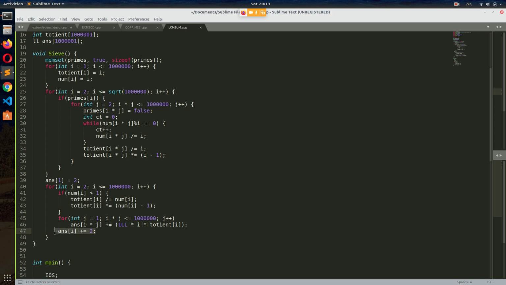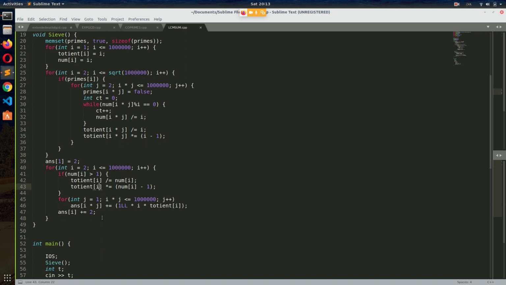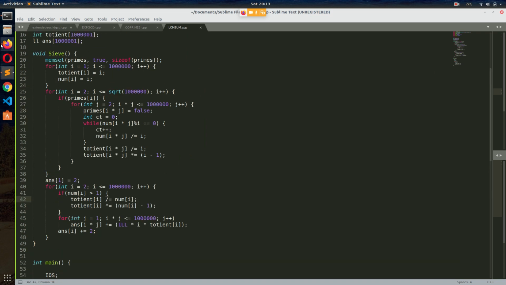Just notice that I do a plus equals 2 here corresponding to the i equals 1 value. I set answer of 1 equal to 2 here. That's the only thing that I do extra in this problem. Rest is same. Alright, so that's it for the problem.